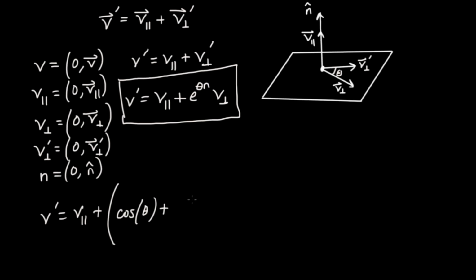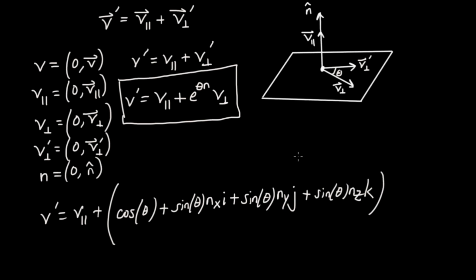Then I'll have plus sine theta times the x component of the normal vector times i, plus sine theta times the y component of the normal vector times j, plus sine theta times the z component times k. So this whole thing is e to the theta n. As you can see, it's usually preferable to write it in this compact form, but here's what it looks like, just for clarity. And this is all going to be multiplied by v perp.